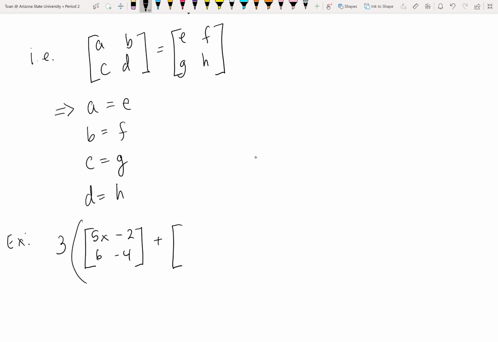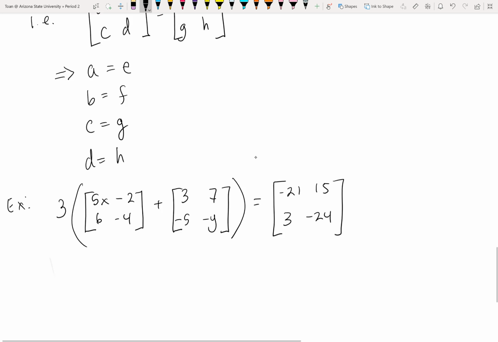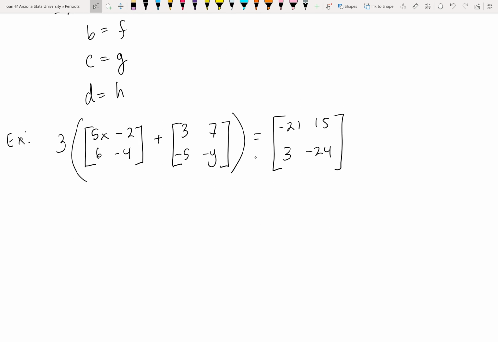Plus matrix 3, 7, -5, -y. Close the parentheses, equals matrix -21, 15, 3, -24. That's a funky looking equation, but it is an equation nonetheless. It just so happens to be a matrix equation.